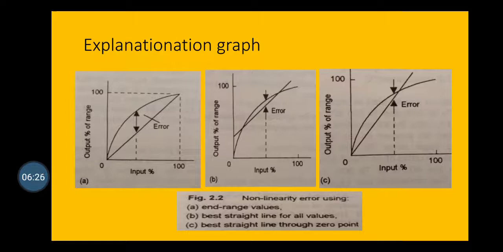Here, non-linearity error. There are three graphs: end range values, best straight line for all values, best straight line through zero point.